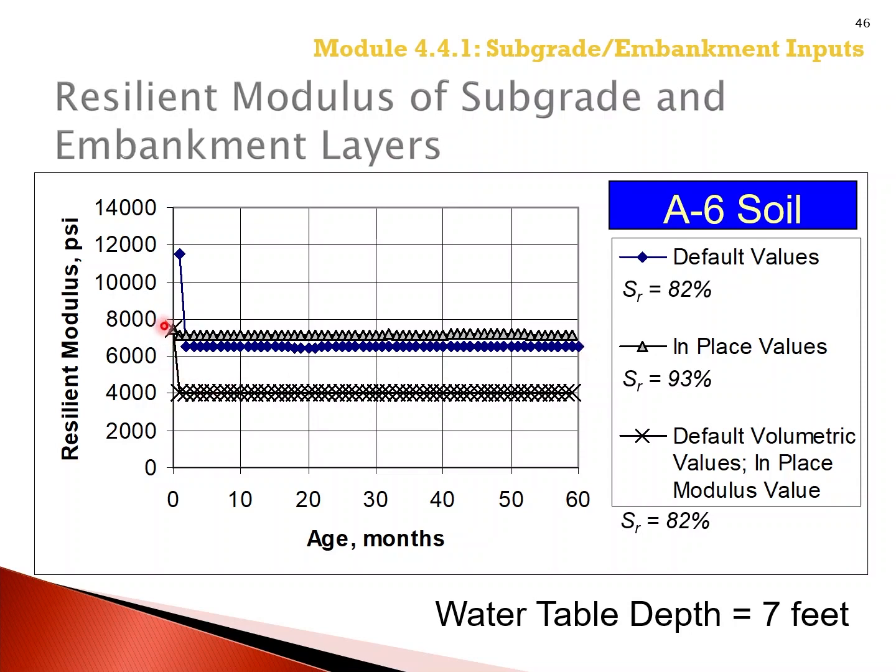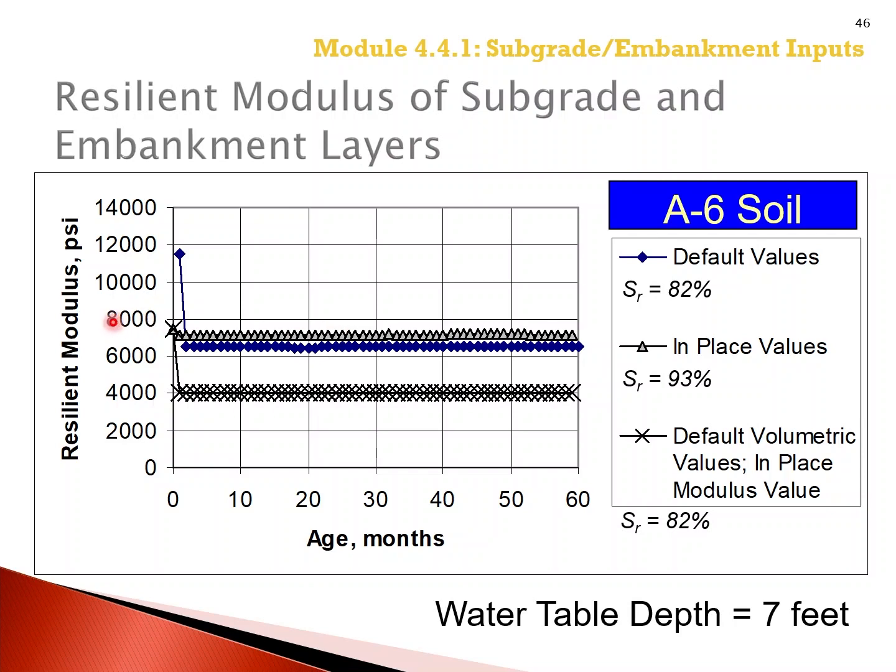Or if we have a lab test like R value or CBR, and we enter the resilient modulus associated with those tests, but also enter the water content and dry density associated with those tests, we get very similar resilient modulus values being used throughout the design period. So effectively, there is no difference in the design between both of these conditions.